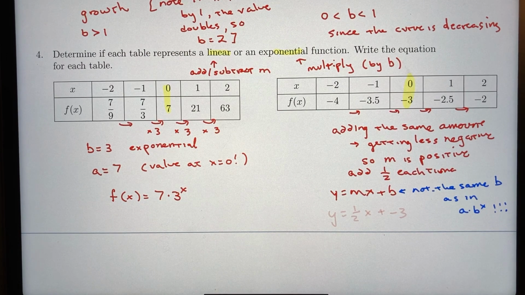Where? Well, when x is 0. Okay, so y equals, the slope is the rate of increase, and the y-intercept is where you hit the y-axis when x is 0. And I don't care if you write plus -3 or just subtract 3, frankly. And I also really don't care if you write y equals or f of x equals.